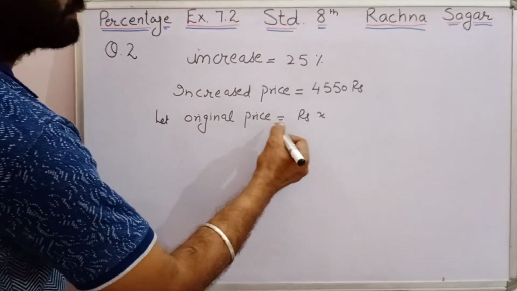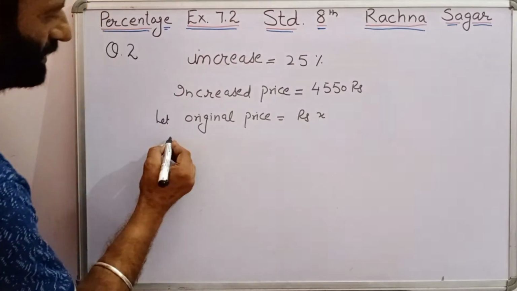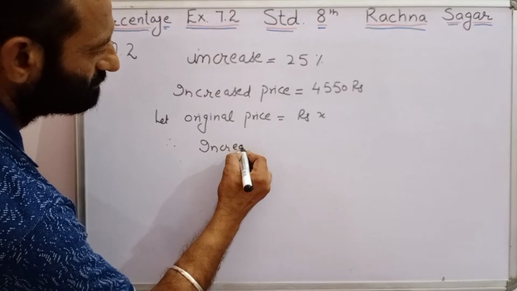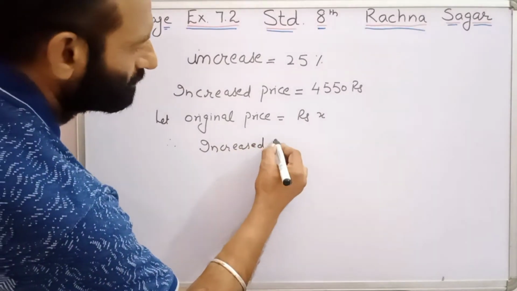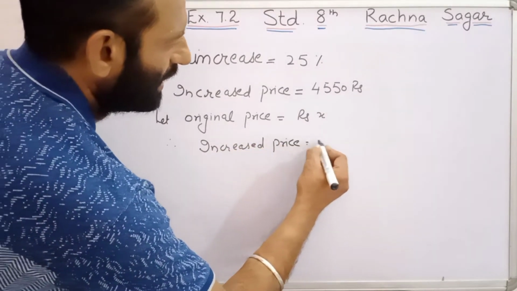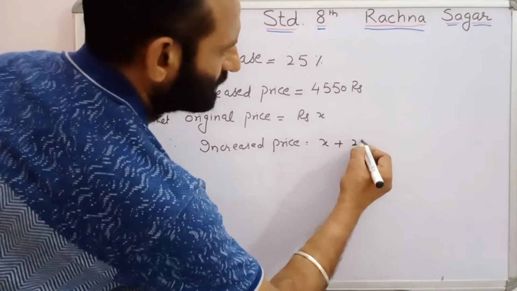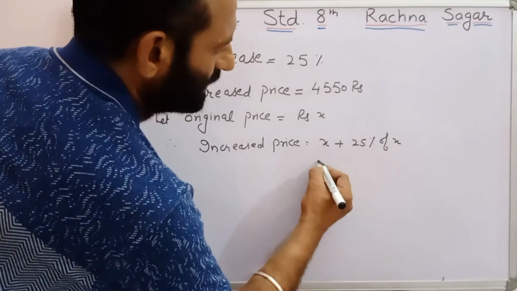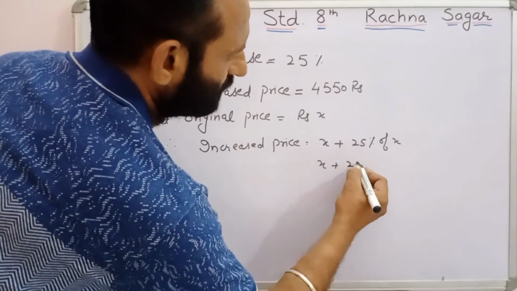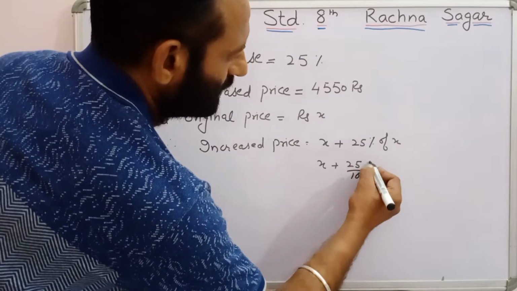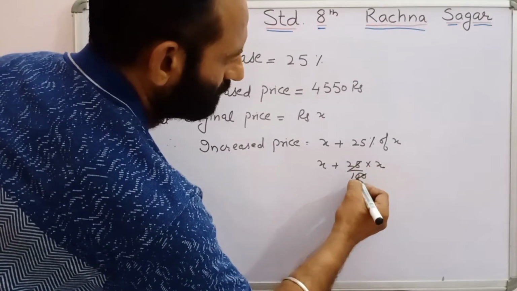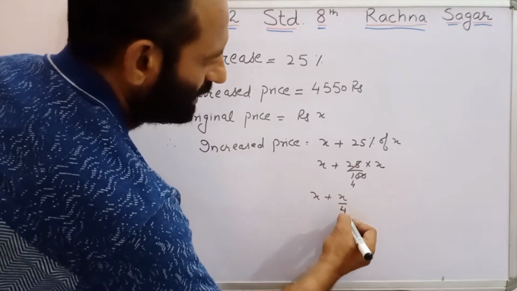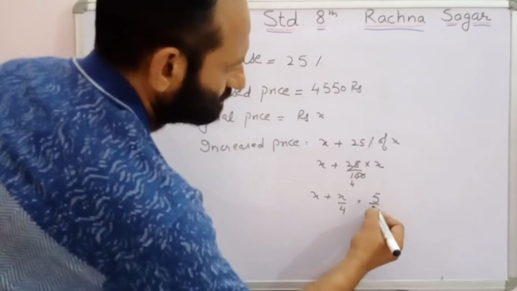Let the original price of the wristwatch be rupees X. Therefore, the increased price becomes X plus 25% of X, because 25% is the increase, that is X plus 25 over 100 into X, that is X plus X by 4, it becomes 5 by 4X.